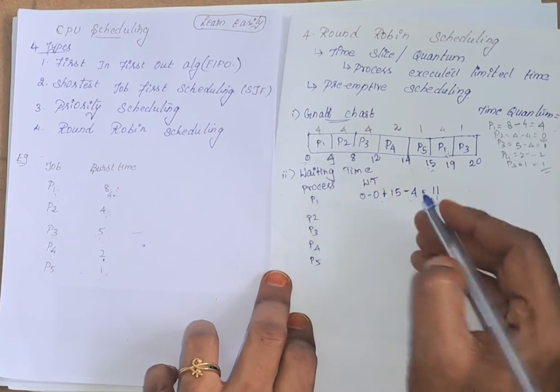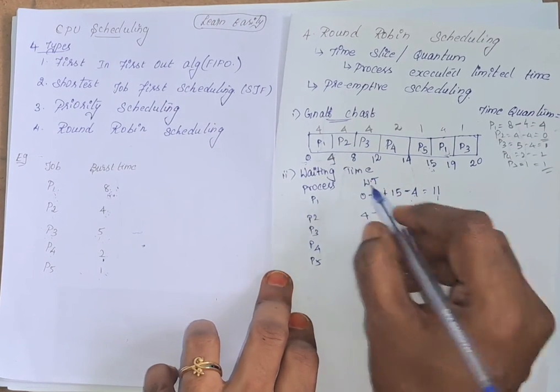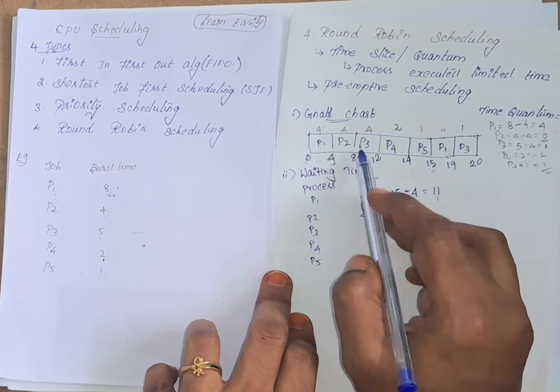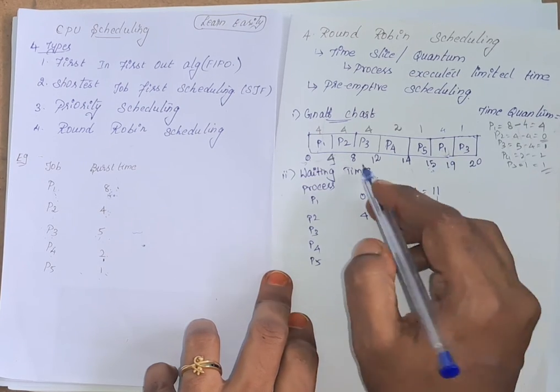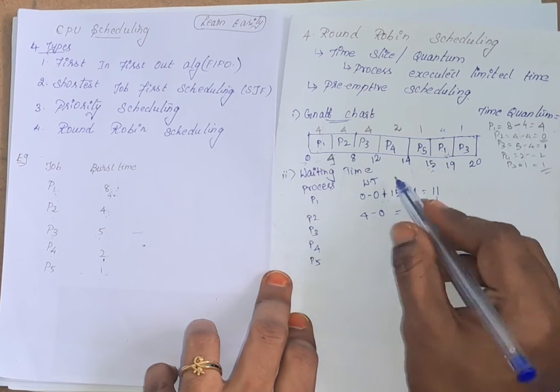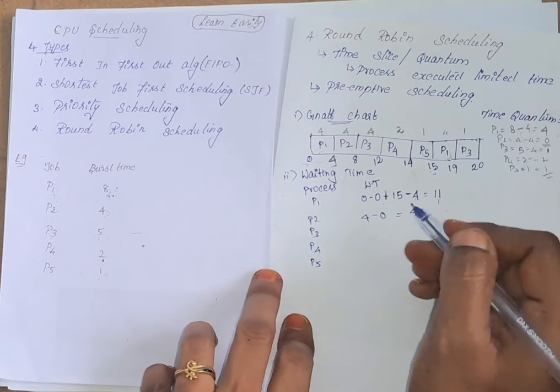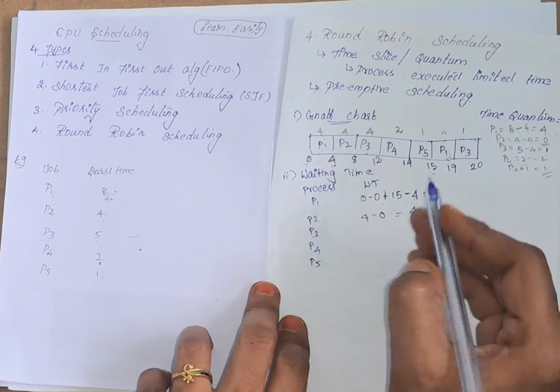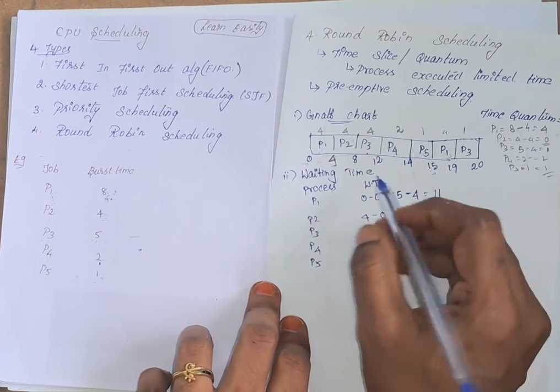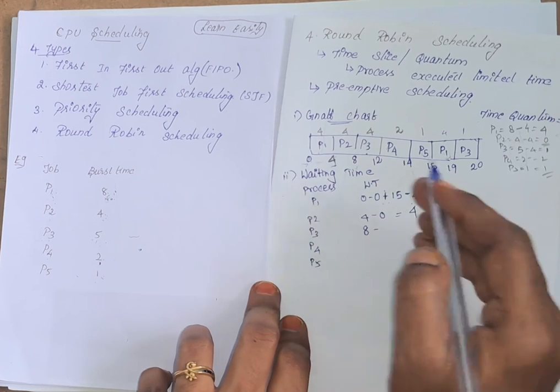Next P2 is 4. Initially there is no waiting time, so 0. P2 gets completed the first time itself, so the waiting time is 4. Next P3 starts, waiting time is 8 minus 0, since there is no previous waiting.